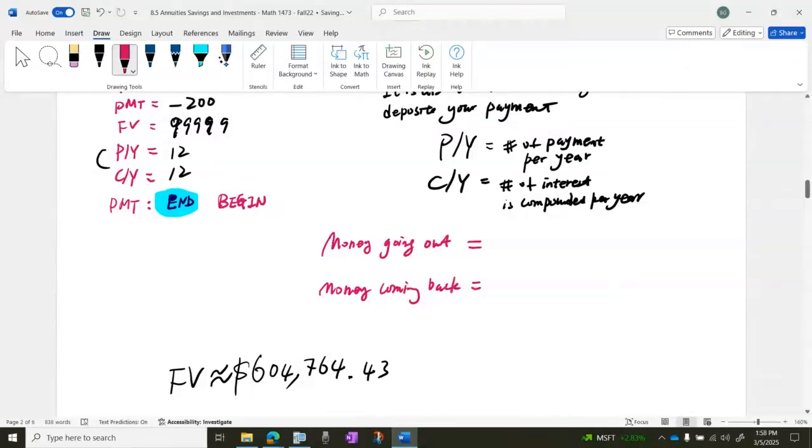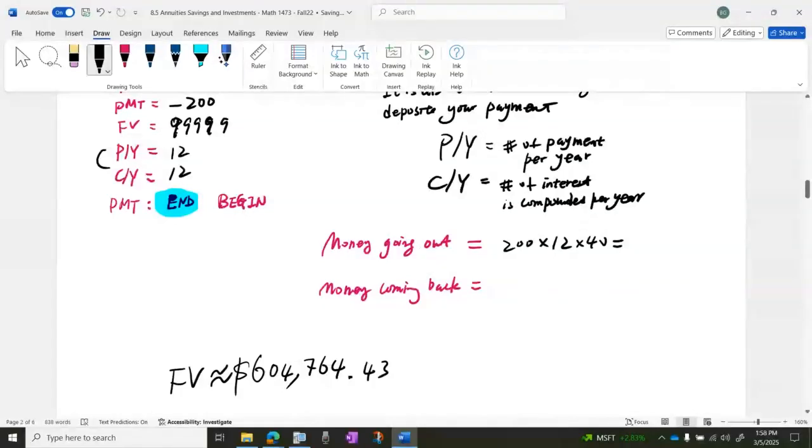Over the 40 years, how much money went into the account? How much money is leaving your pocket? $200 every month times 12. That's how much money you invested in the account for a year, times 40 years. That's how much money you put in over the lifetime.